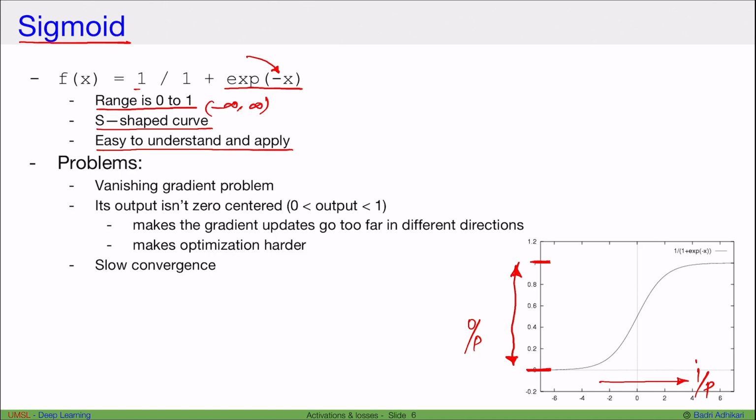Now, there are some problems with the sigmoid function, and one of the biggest problems is the problem of vanishing gradient. What this vanishing gradient problem means is, say you have a first layer L1, second layer L2, third layer L3, and let's say fourth layer L4. The output of this neuron when passed through sigmoid will go out and serve as input to the other layers. And once again, this neuron gives you an output between 0 and 1, and it also goes out as output to the subsequent layers and so on.